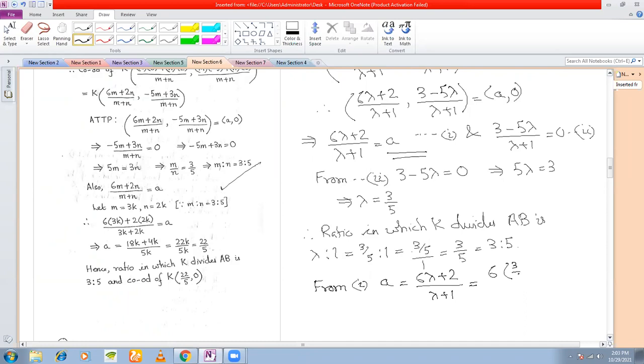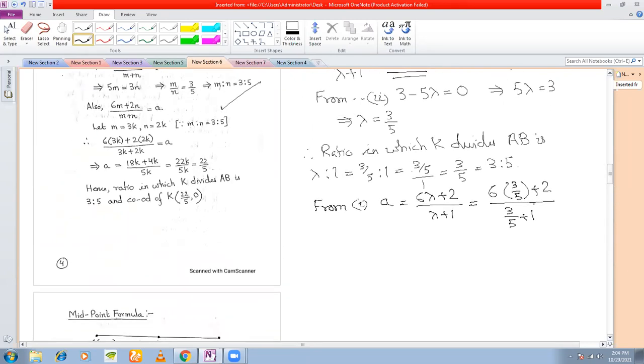Lambda we have got 3 by 5, so 6 times 3 by 5 plus 2, divided by 3 by 5 plus 1, which is equal to 18 by 5 plus 2 divided by 3 by 5 plus 1. And now you can take LCM in the numerator and denominator to get 18 plus 10 divided by 5 whole divided by 3 plus 5 divided by 5. So this 5 cancels. So you get 28 by 8.